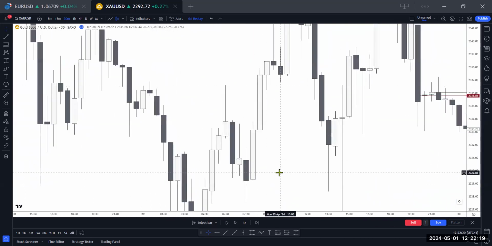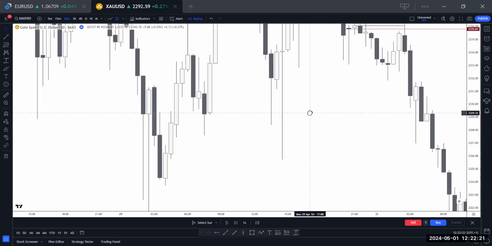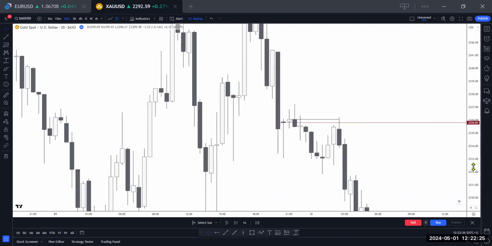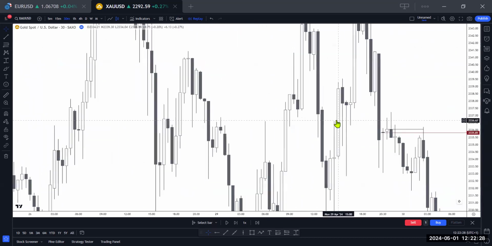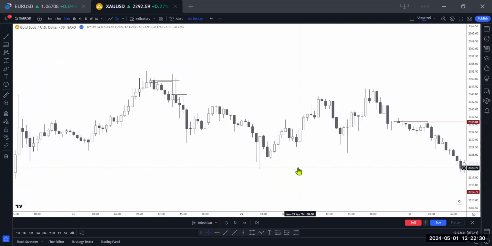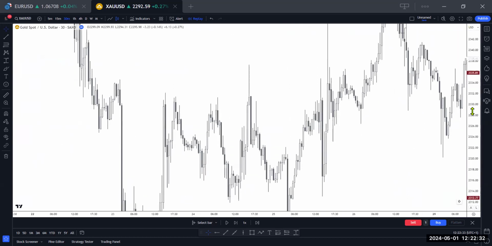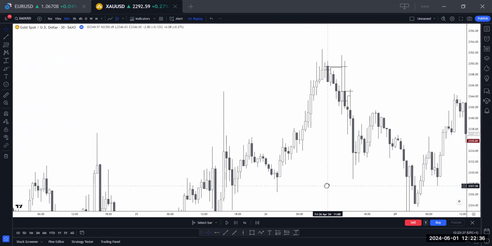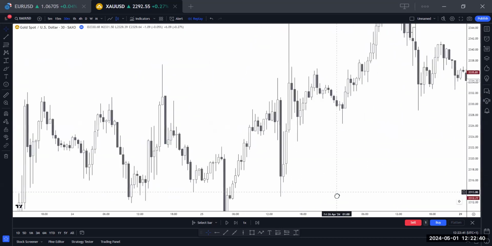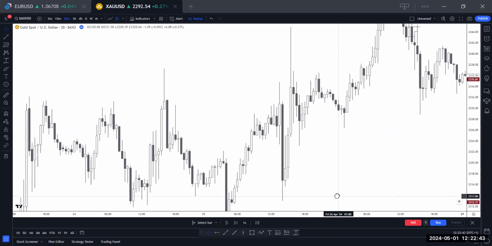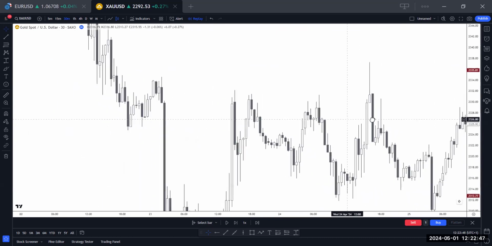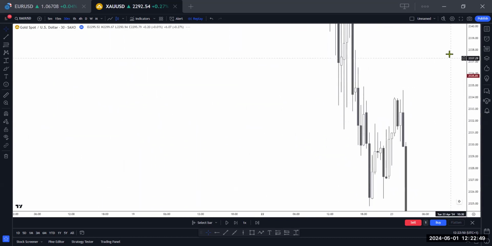Okay, let's see more examples. And this is something that happens every day on the charts. Let me show you guys more examples. Sometimes systems are difficult to find.